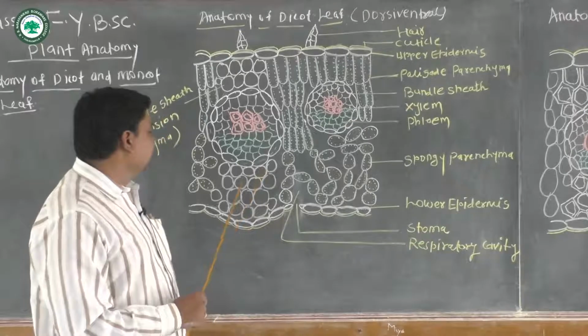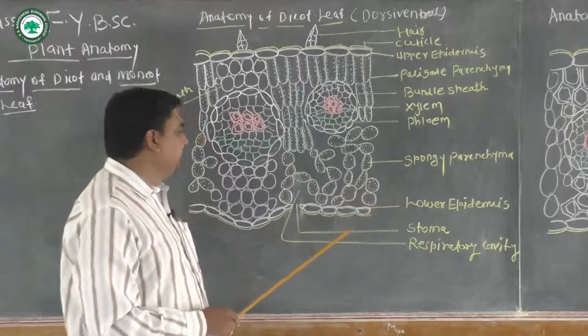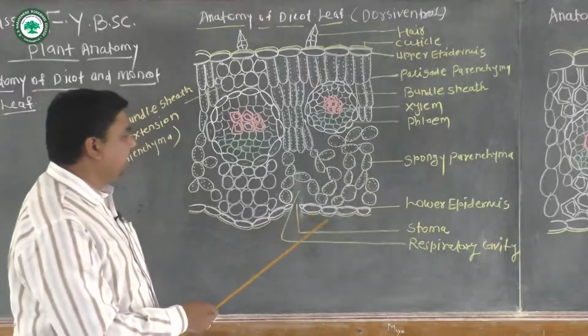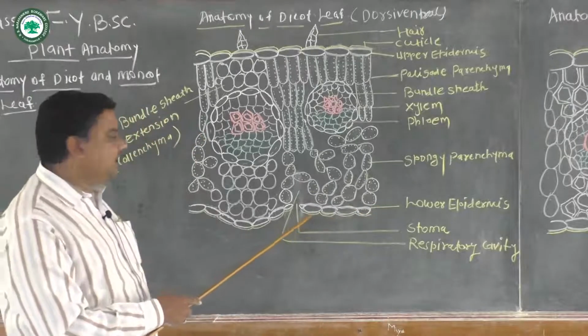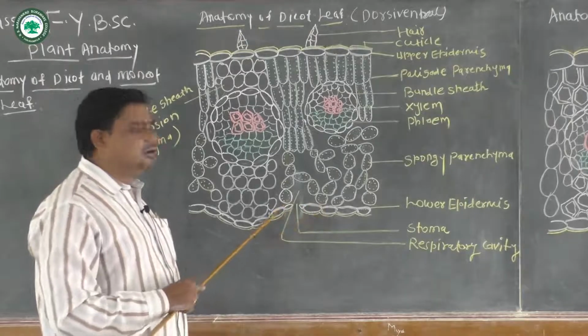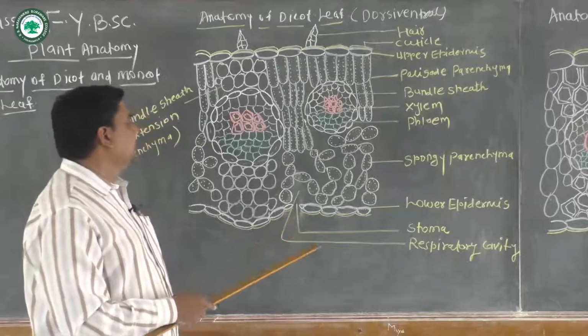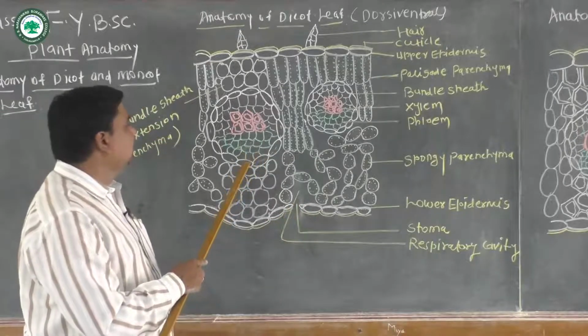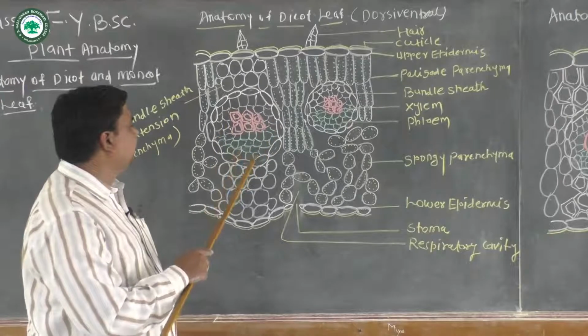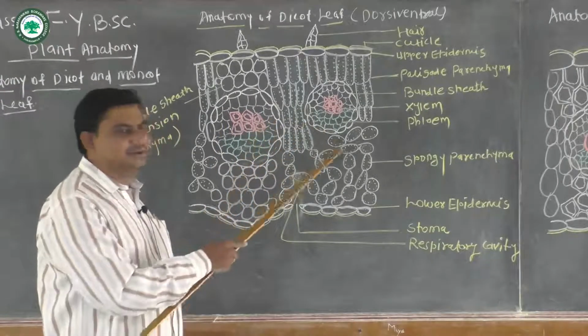So here there are the spongy parenchyma cells, then the lower epidermis covered by a thick-walled cuticle, and the presence of a number of stomata on the lower epidermis. Here there is the vascular bundle. You can see two sizes of vascular bundle here.